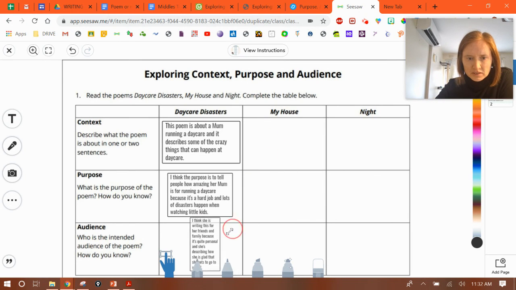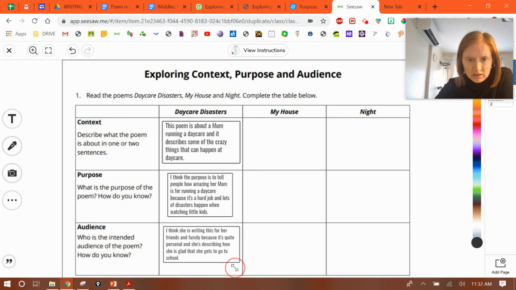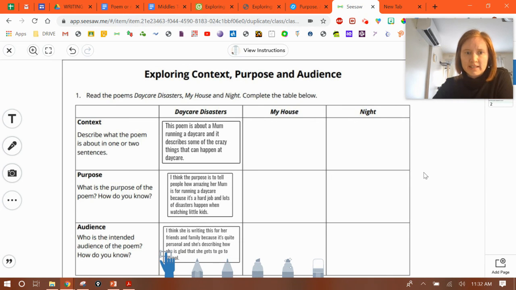Then we'll make this fit in here. Pop that in there, and then we are done.